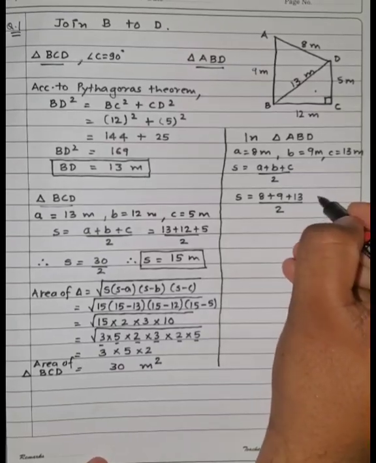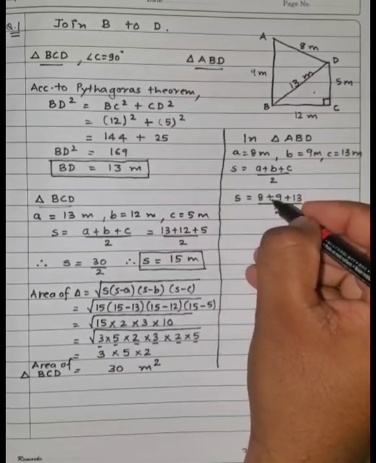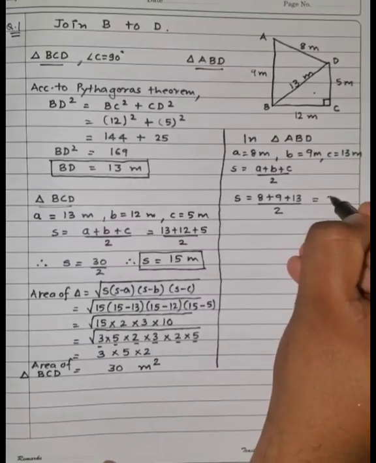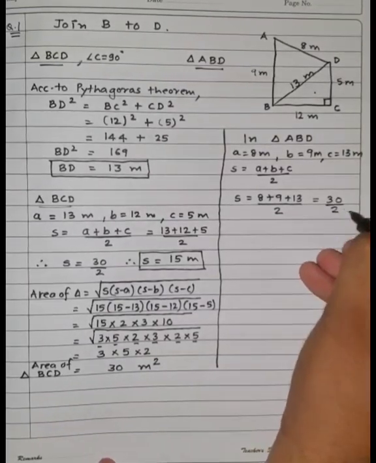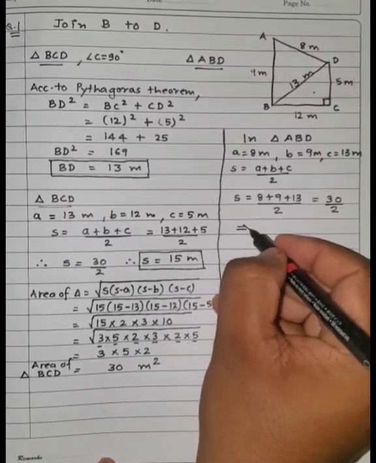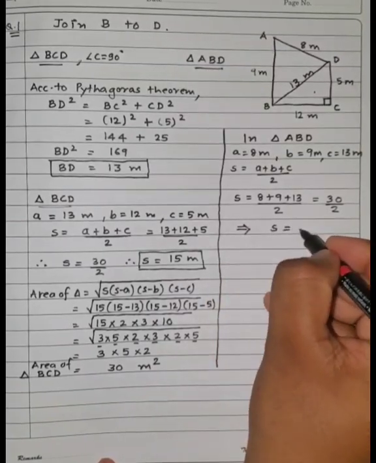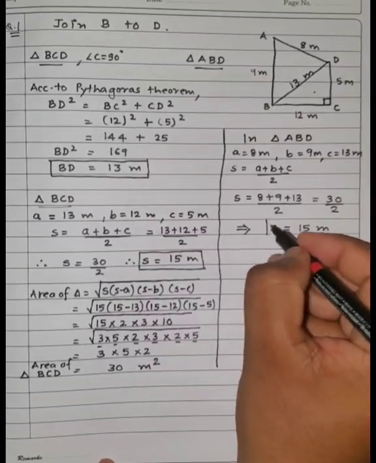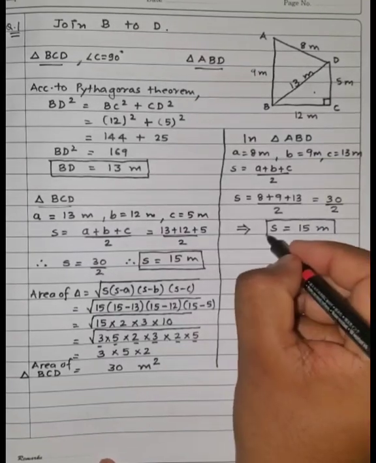So what do we get? 8 plus 9 is 17, 17 plus 13 is 30, so 30 by 2. When solved, the semi-perimeter would be 15. So 15 is the semi-perimeter.